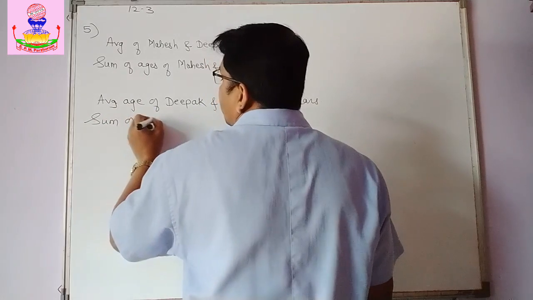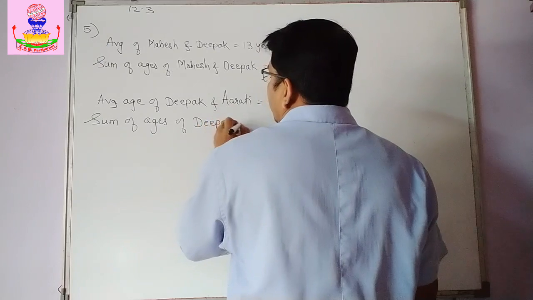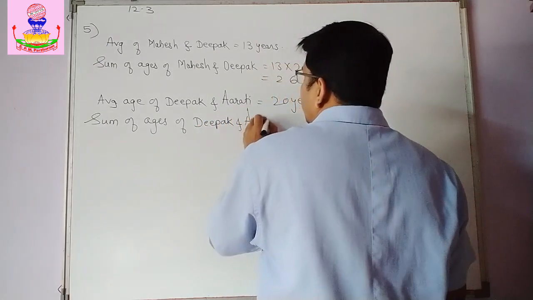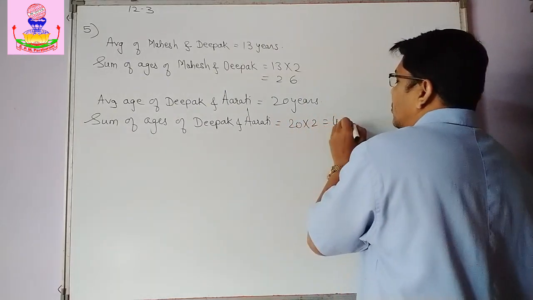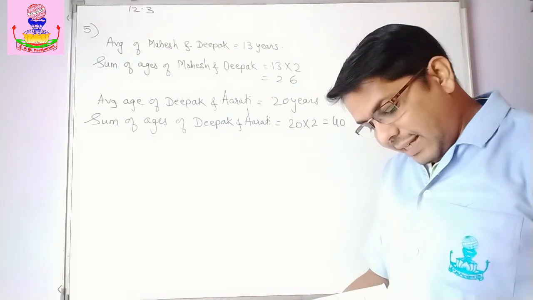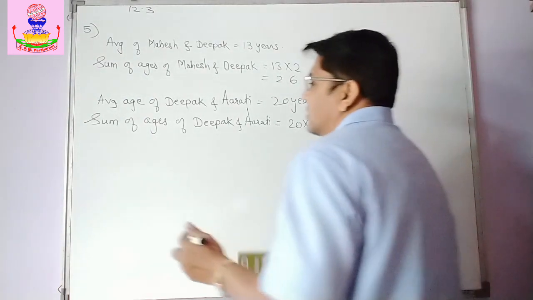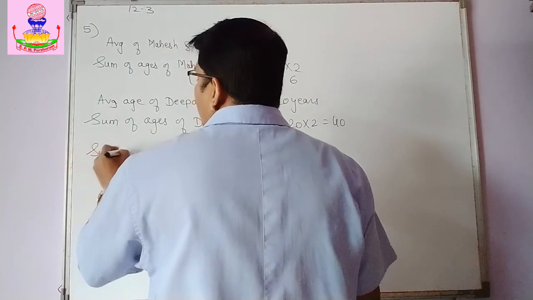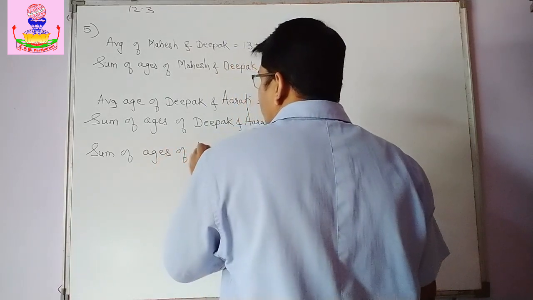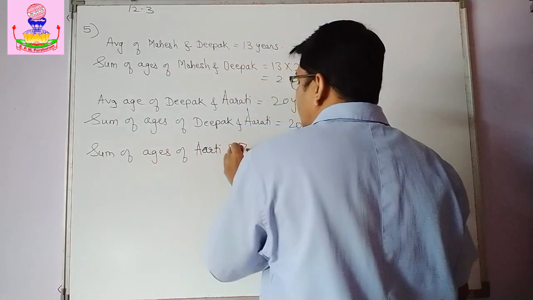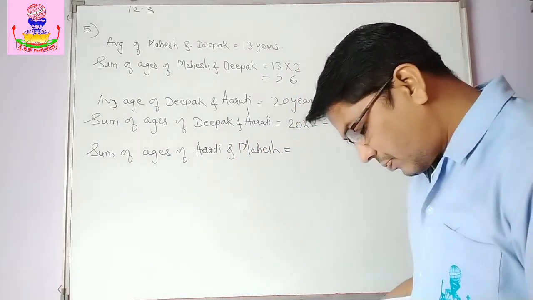So the sum of ages of Deepak and Aarti is 20 into 2, that is 40. Okay, and they have given that the sum of ages of Aarti and Mahesh is 36. Sum of ages of Aarti and Mahesh is how much?